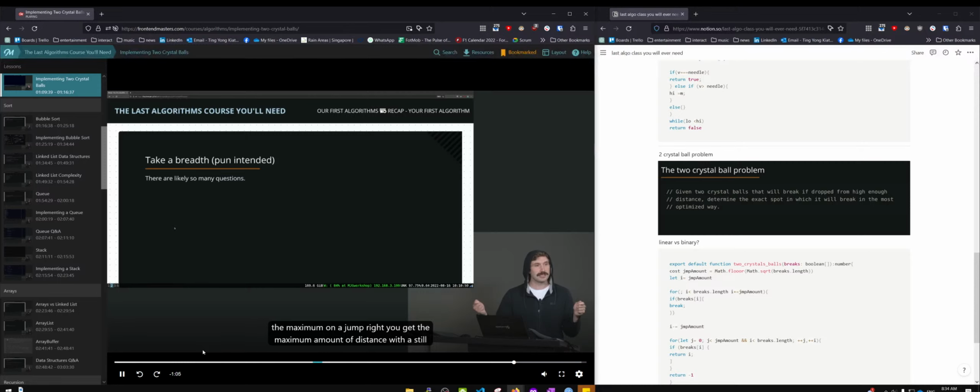You get the maximum amount of distance with a still lower running time. As you increase your root level, the closer you get to a linear run. So if you do the quad root, you get to the point where you're practically jumping by 1. Then you do the next root, you are definitely jumping by 1, if not by 0 at that point. It just becomes nothing. So I think it quickly approaches n.